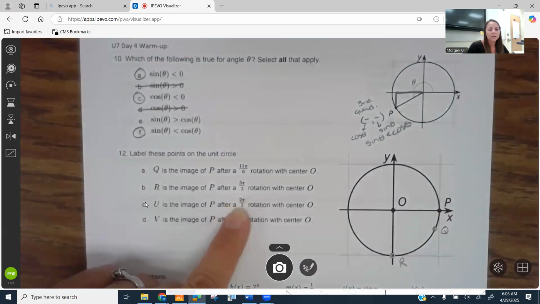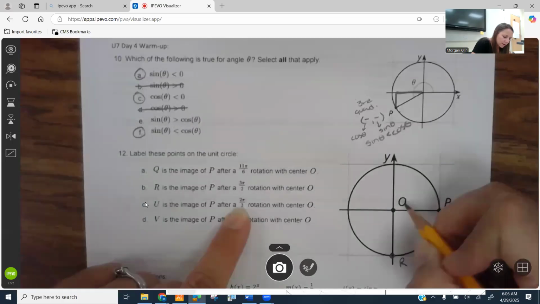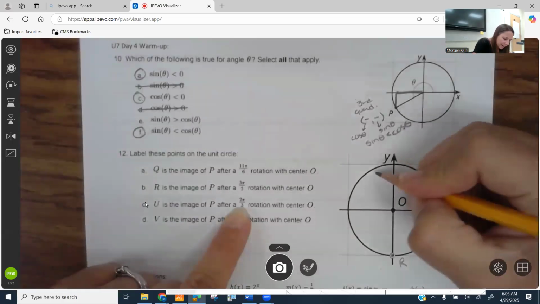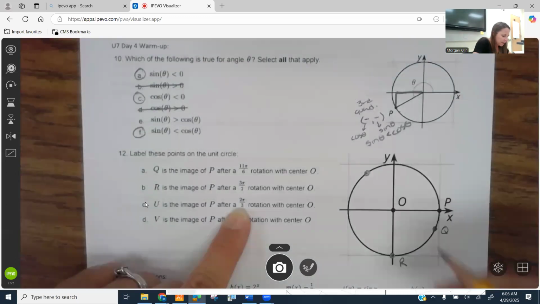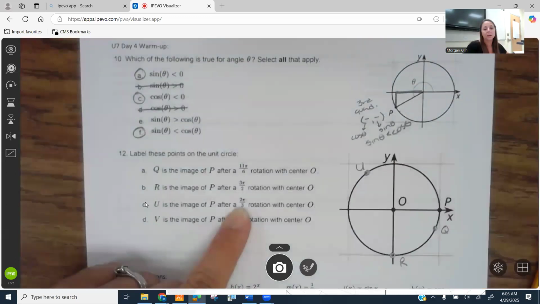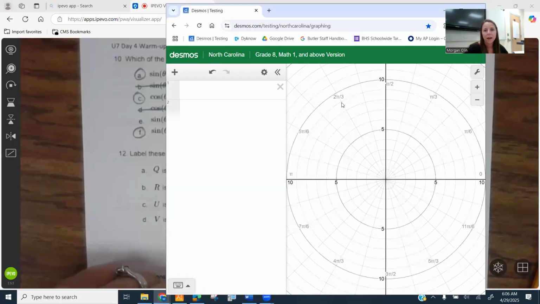U is the image of P after a two-thirds pi rotation. Here, 2 pi over 3 is in this quadrant right here, and this is going to be U. We can double check that. 2 pi over 3 is right here.